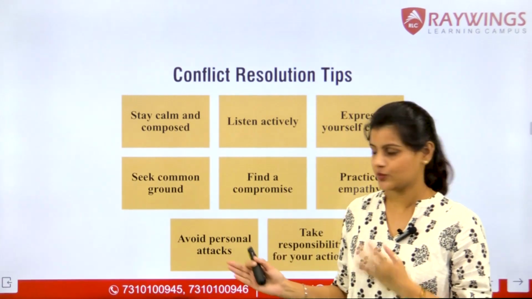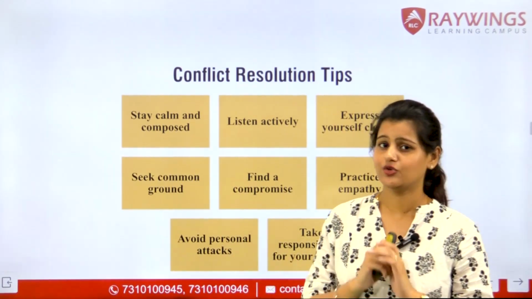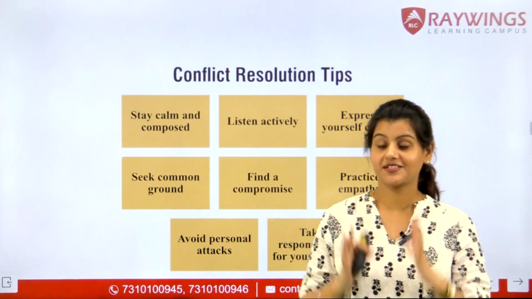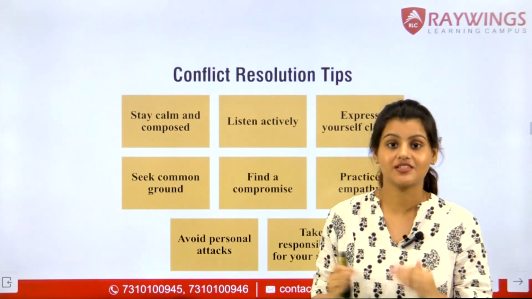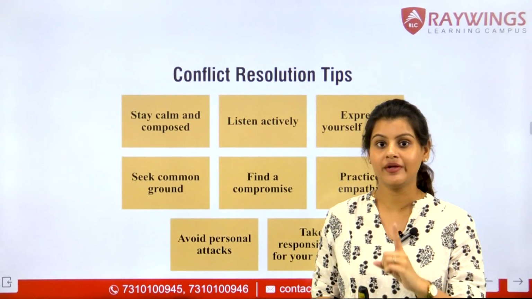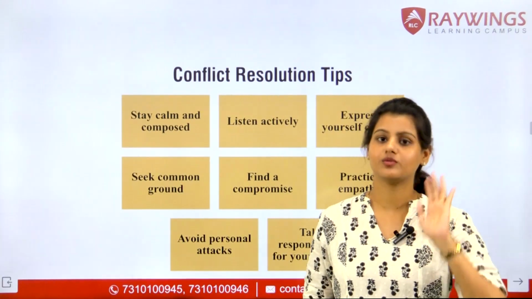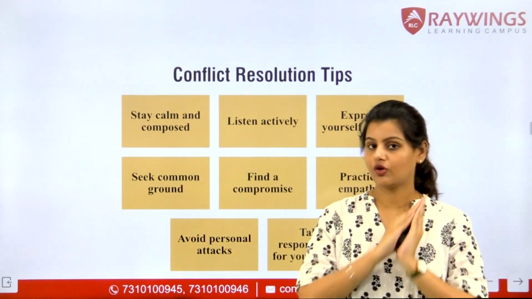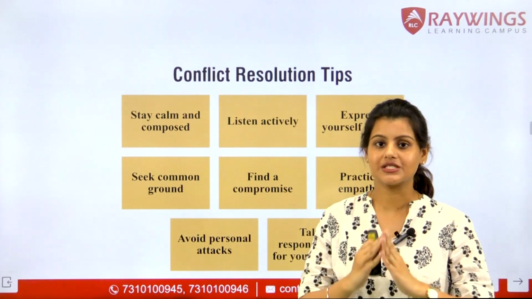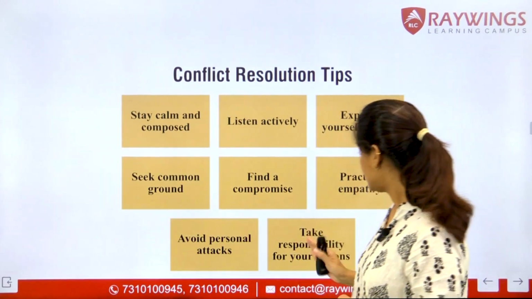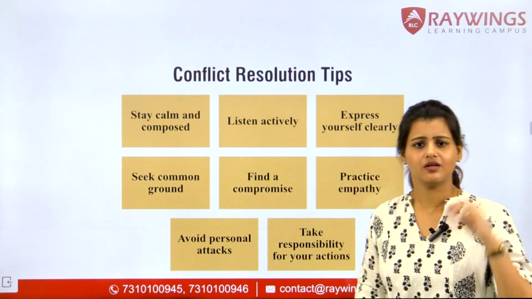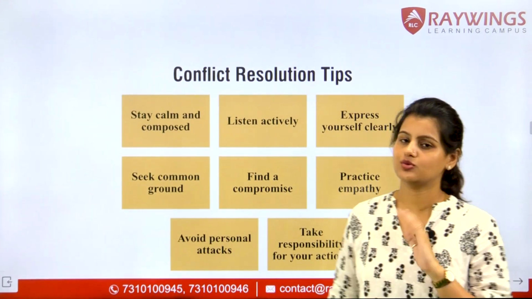And then the second last one is avoid personal attack. Do not do personal attacks, especially when you are in a conflicting situation, because that one comment leads to a lot of problems later on. So do not do personal attacks on the person. Then take responsibility for your actions. Learn to apologize. Learn to say sorry.